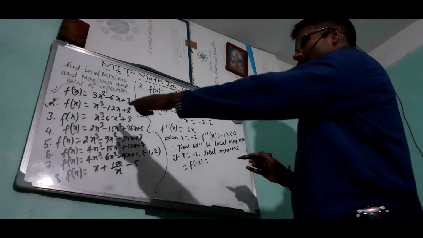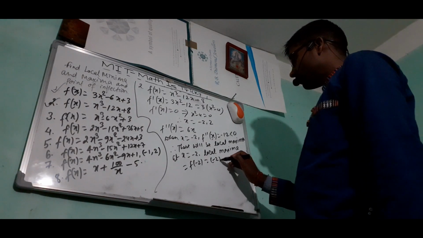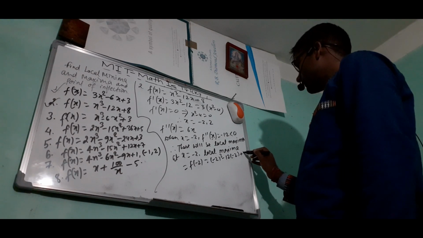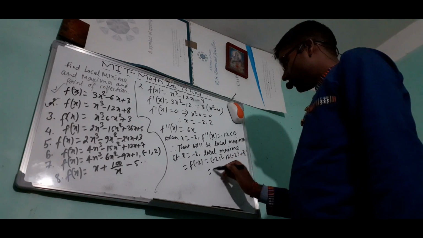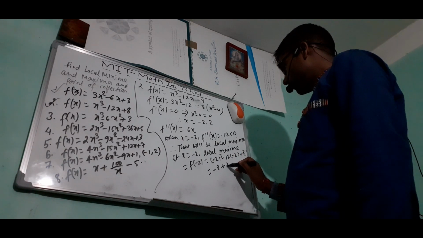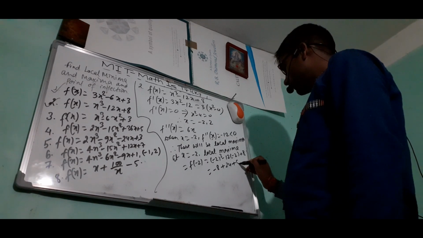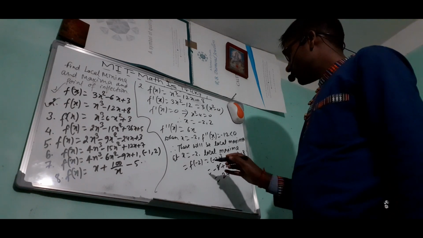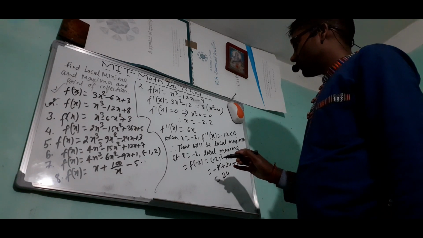Let's put minus 2: minus 2 cube minus 12 into minus 2 plus 8. Minus 2 cube is minus 8, plus 24, plus 8. So minus 8 and plus 8 cancel, and the answer is 24. So this is our local maxima.